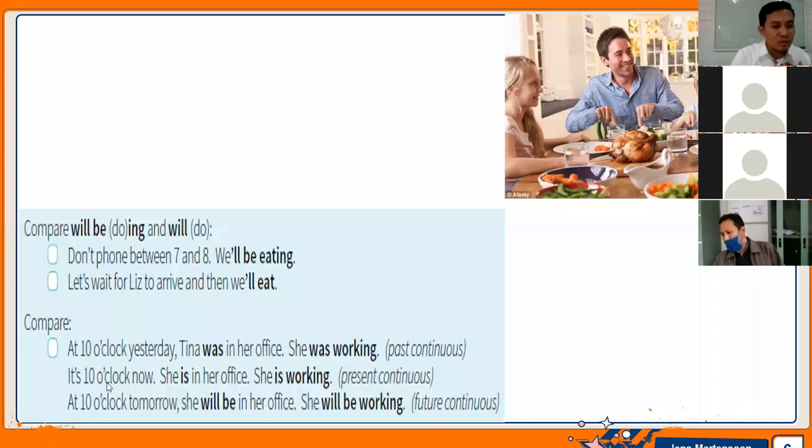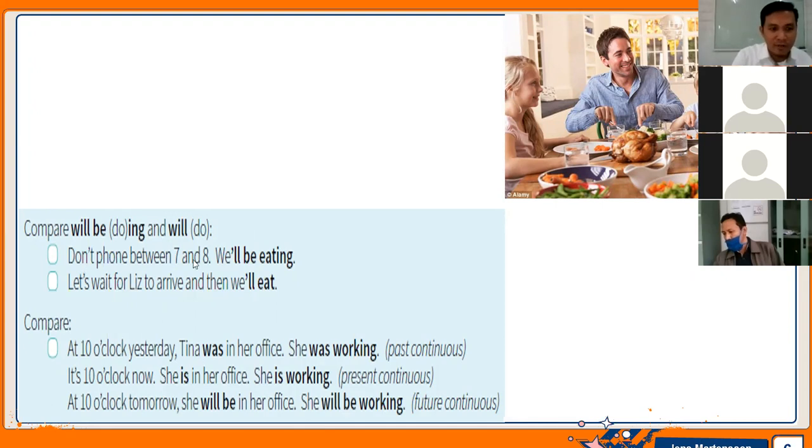But if you're talking about something happening now, it is 10 o'clock now and Tina is in her office. So what is she doing? She is working. Now, talking about the future, at 10 o'clock tomorrow she will be in her office. And what will she be doing? She will be working. So this is future continuous tense.